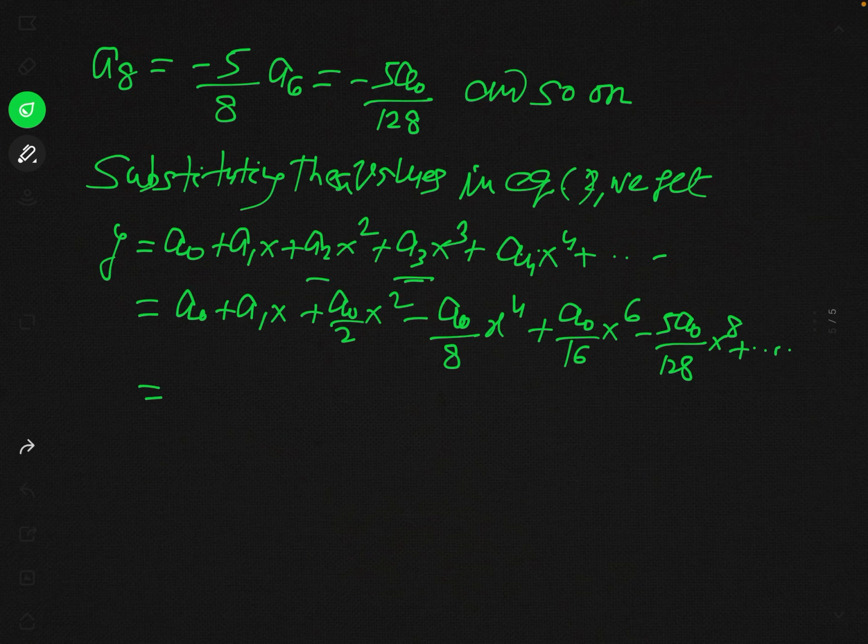So you can see that if we take this a0 as a common factor, then except a1x, in all terms a0 is present.